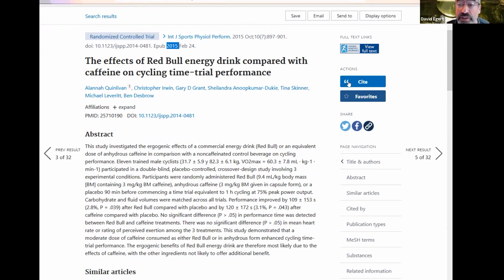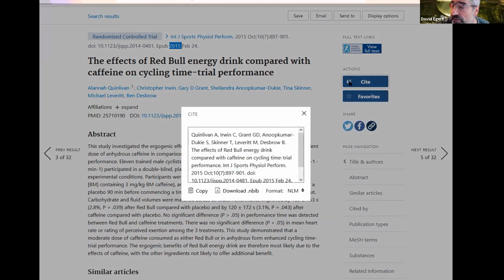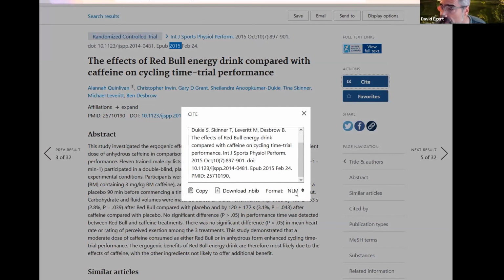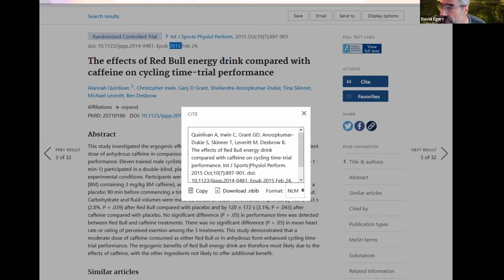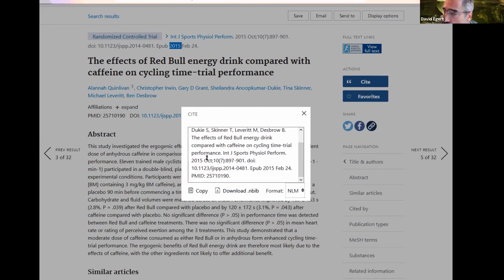There's a similar thing in Google Scholar. If you want to use Google Scholar, you click on that and you tell it the format. We are going to use, I think it's the NLM method. There it is. Quinn-Livin A, and so on. There's the authors, there's the title, the journal, the year. You don't really need this part.